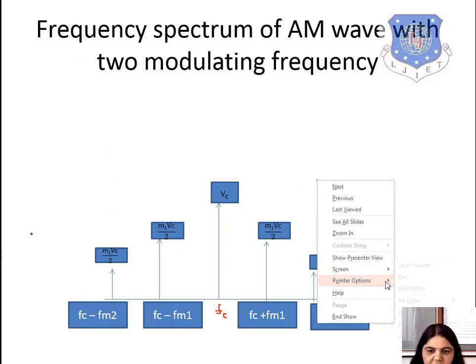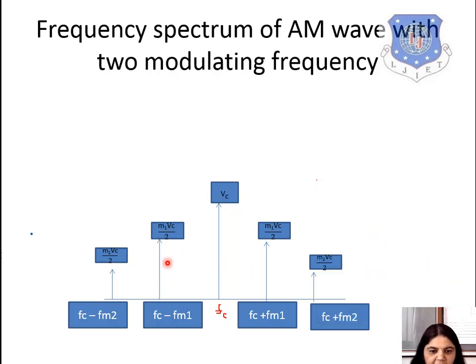This is the LSB 1, having the amplitude m1 Vc by 2. It is my USB 1, m1 Vc by 2. It is my LSB 2, m2 Vc by 2, and this is fc plus fm2, the USB 2.